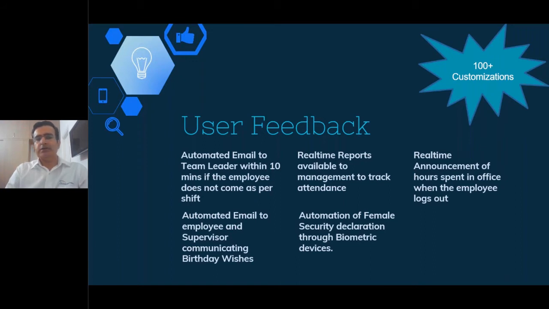So on the biometric system itself, when people were logging out, if you are a female, there's a separate prompt that will come to you, and I'll show you that in the next slide. That prompt will ask whether you would be taking company transport or not, because we are providing it. If you don't take it, that's a security declaration that we were taking there itself on the screen.